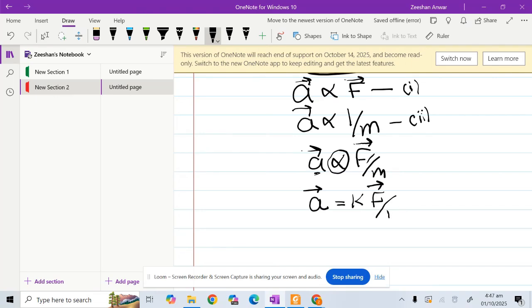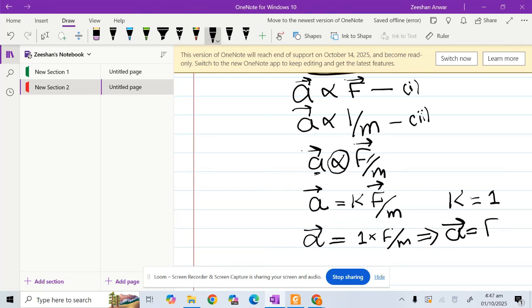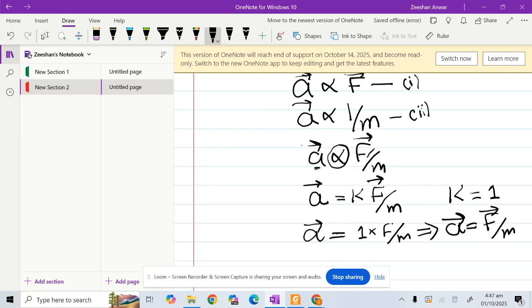So here we have a equals k times F divided by m, and the value of k is equal to 1. So this equation will look like 1 multiplied with this F by m. So it will give us a equals F divided by m.